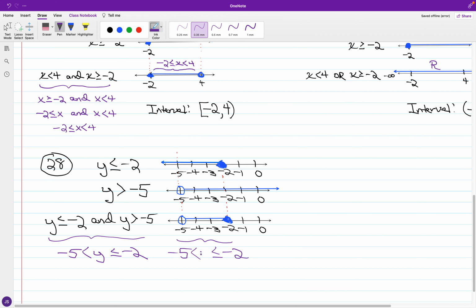Yeah, we're working with y. Okay, so I have -5 is less than y is less than or equal to -2.